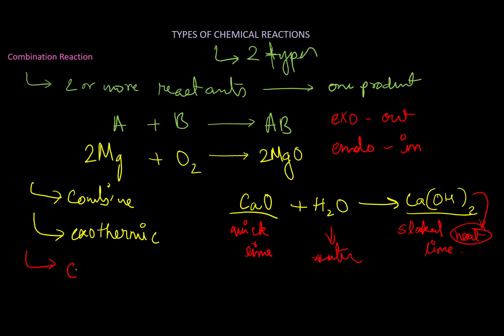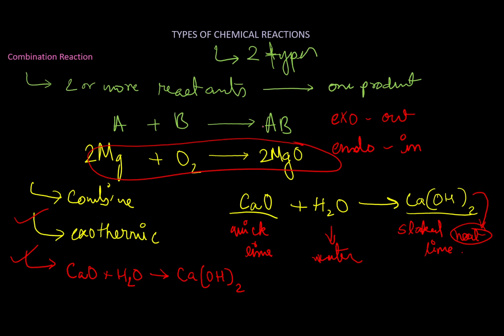I have calcium oxide, quicklime, plus H2O, water, gives me calcium hydroxide, Ca(OH)2, or slaked lime. These are two things we have to remember, and this is all from a general point of view, because if you notice, in magnesium oxide there is no heat forming. But generally all combination reactions are exothermic.